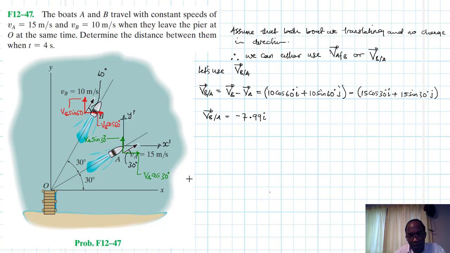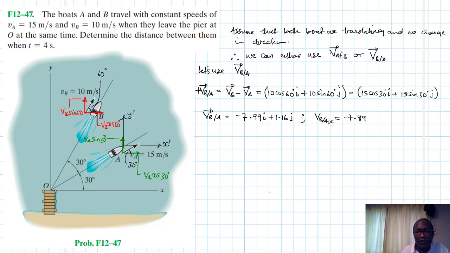Let's sum up the other one: 10 sine 60 minus 15 sine 30. This one we have 1.16 j, where VBAx is equal to minus 7.99.